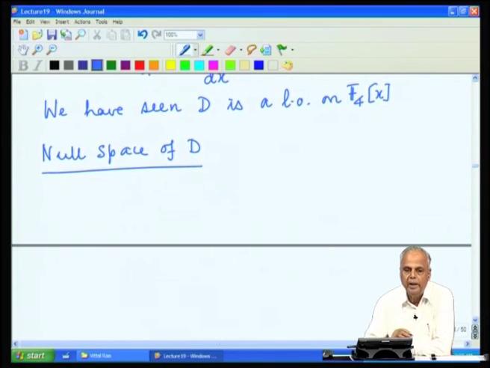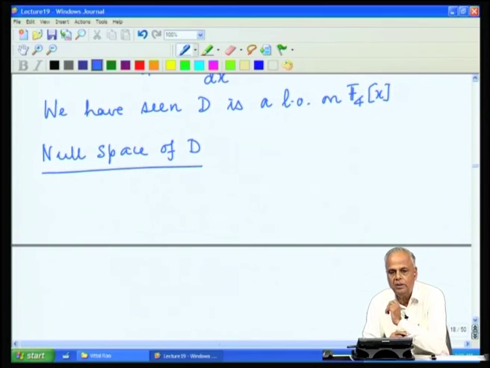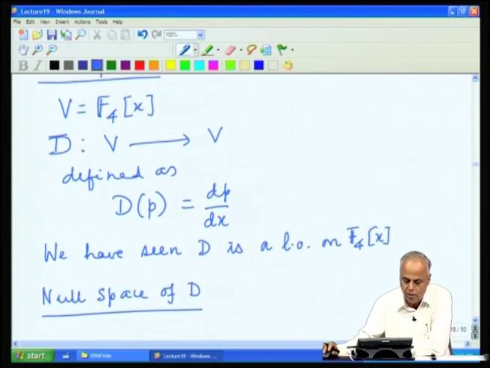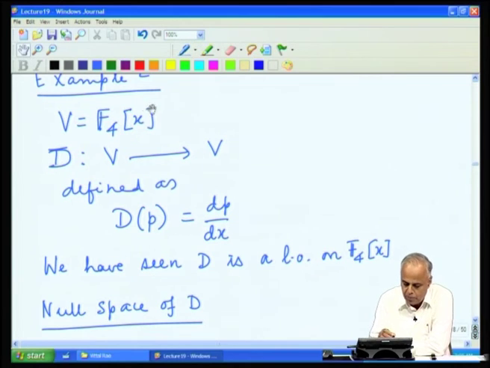So, we want to find those vectors in V which get mapped to the 0 vector under the transformation D. Now, vectors are all polynomials because our vector space is the space of all polynomials. So, we want to find all those polynomials which when differentiated give me the 0 polynomial, the 0 vector.